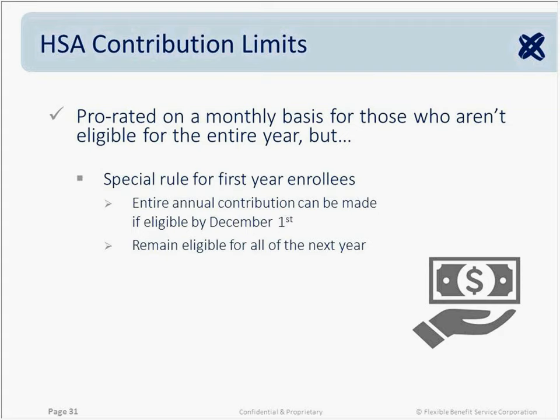So as an example, if somebody became HSA eligible by December 1st, 2016, and they remained HSA eligible through December 31st, 2017, so the end of next year, then they can contribute the full annual amount for the 2016 year.